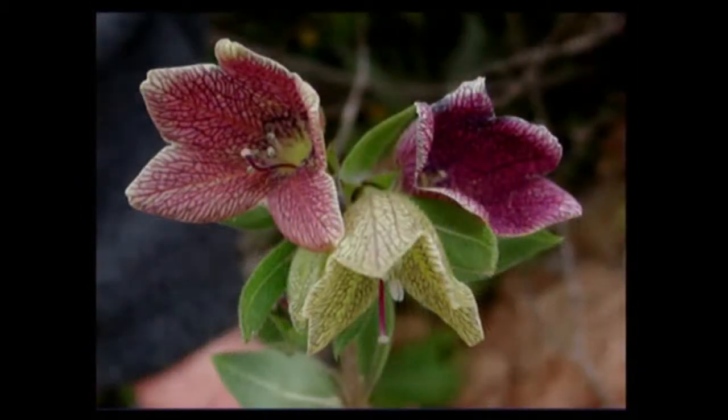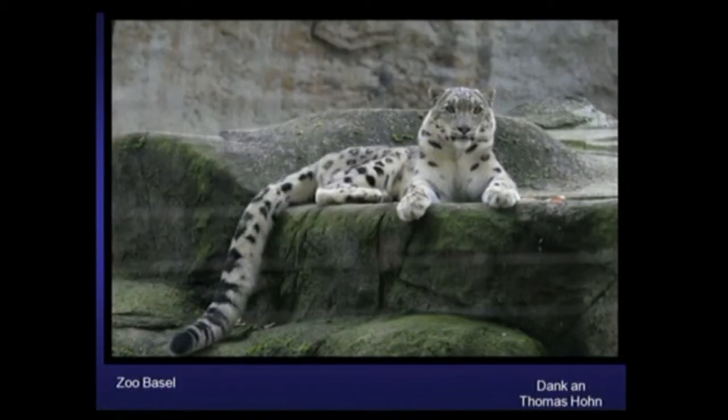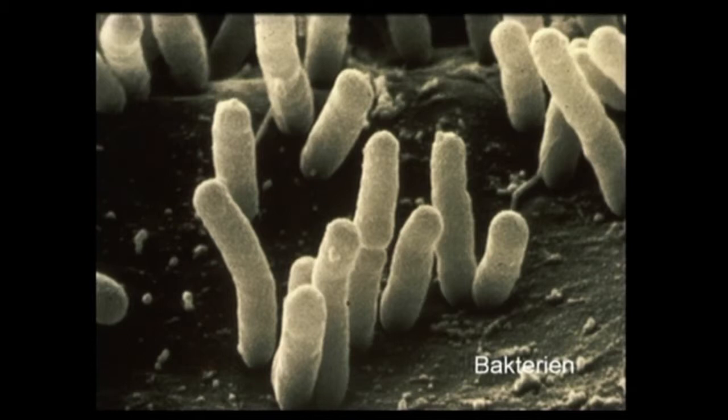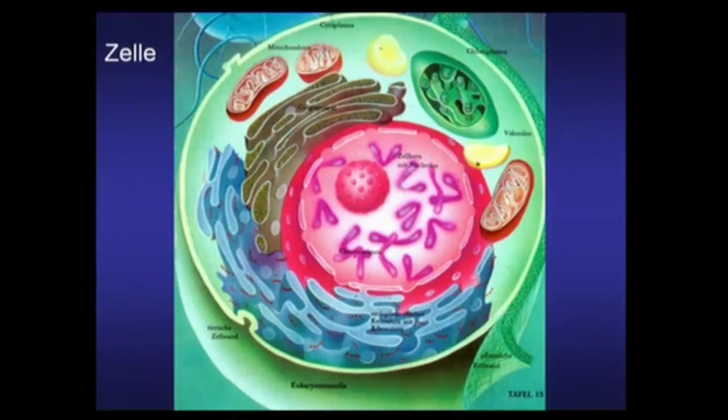All the organisms we know, plants, animals, our snow leopard, or bacteria, have DNA. This is where the genetic information is based. DNA is present in the cell nucleus.